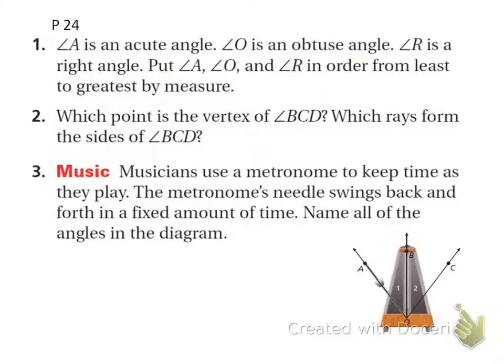Of course we're going to start off with angle A, because that's an acute angle, and then if you open it up wider you get a right angle, and then if you open it up even wider you would have obtuse. So these are the smallest angles, and then you have a right angle, and then you have larger angles with a greater measure.